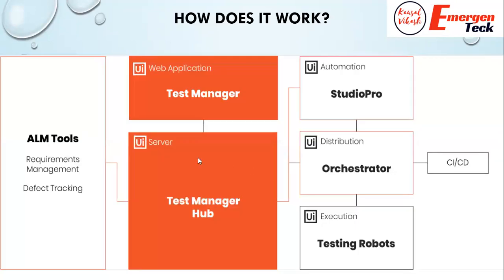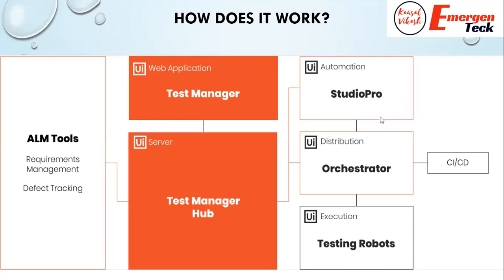So how does it work basically? You can see this is the UiPath Test Manager, and if anyone is aware of UiPath, in UiPath we have three components: UiPath Studio, UiPath Orchestrator, and UiPath Robots. In UiPath Studio we are developing the solutions. Orchestrator is a cloud-based platform, and the robot is used for the execution purpose.